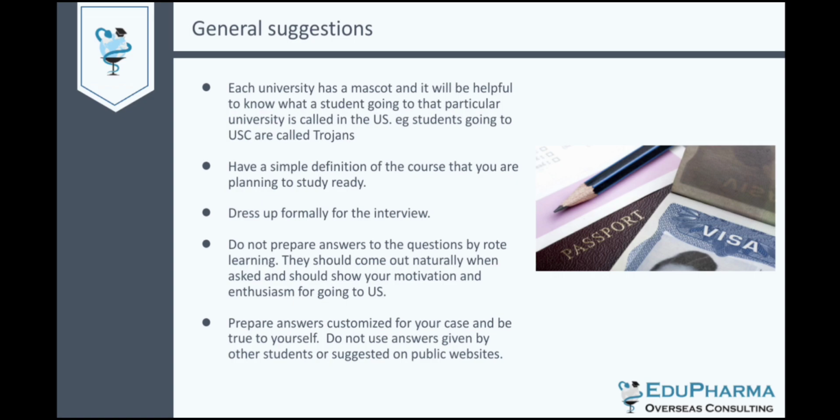So the DS 160 that you fill out has a lot of information which also leads to a lot of questions. So if you just go by the experiences, sometimes you may get misled, and you may prepare answers which may not be suitable for your profile. Be true to yourself. I think if you go there naturally and are willing to have a conversation, you should easily be able to get the visa.